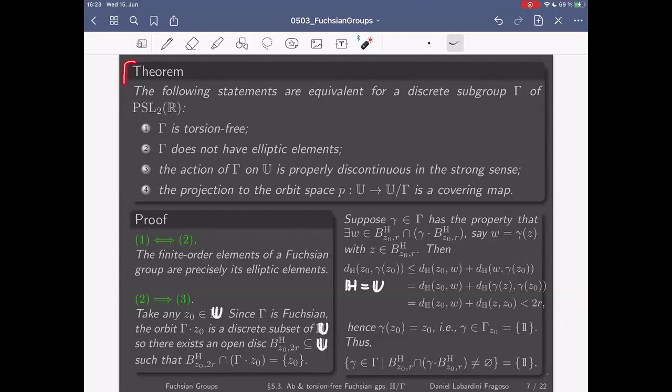Okay, and now the following are equivalent. If we have a discrete subgroup Gamma of PSL(2,R), then Gamma is torsion-free if and only if Gamma does not have elliptic elements. And those are equivalent to saying that the action of Gamma on the upper half plane is properly discontinuous in the strong sense.